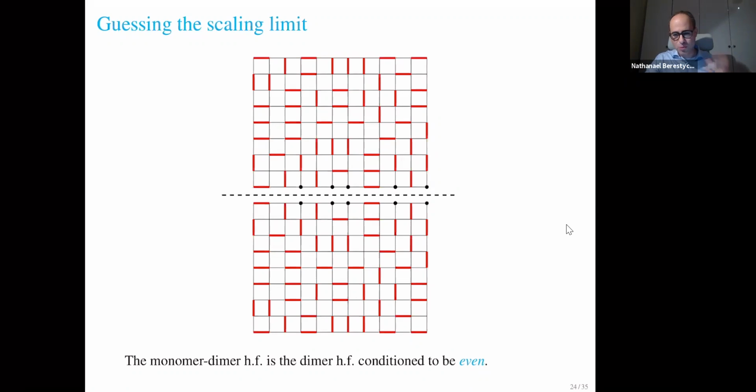This is why I don't like so much the name monomer dimer model, because the topic of the famous conjecture is when you can have monomers in the interior. So we are just allowing monomers on the boundary. It's hard enough. I prefer the term free boundary condition for the dimer model, because that's really what we're doing.